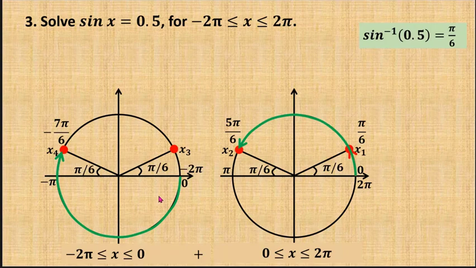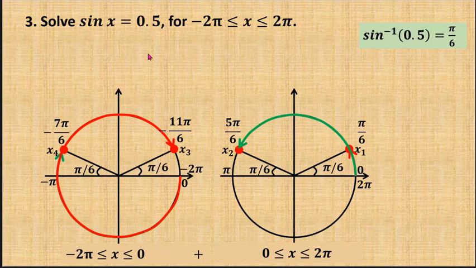Similarly, to find the value of x3, we start from 0 to x3 in the clockwise direction. This value can be obtained by using 2 pi minus pi over 6, but the overall value should be a negative value. So, it is equal to negative 11 pi over 6.